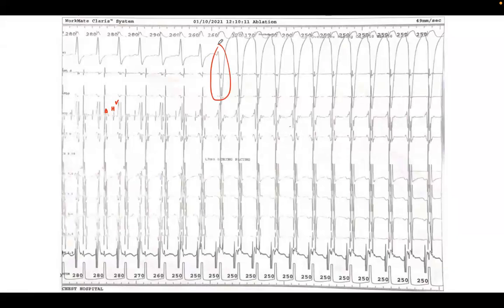Here there are two possibilities: either I have induced the tachycardia, or I have captured V while pacing, but I'm pacing the atrium. Your AH is prolonging normally, but your HV is shortening with widening of the QRS. So that's a sign of accessory pathway. I think we induced the tachycardia here, right?